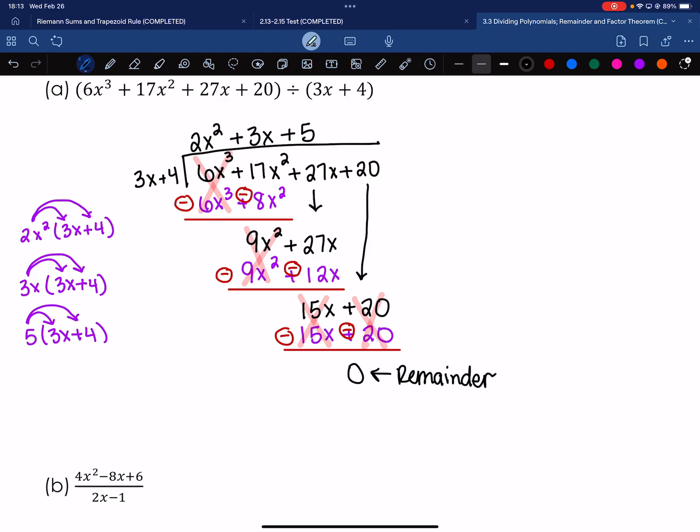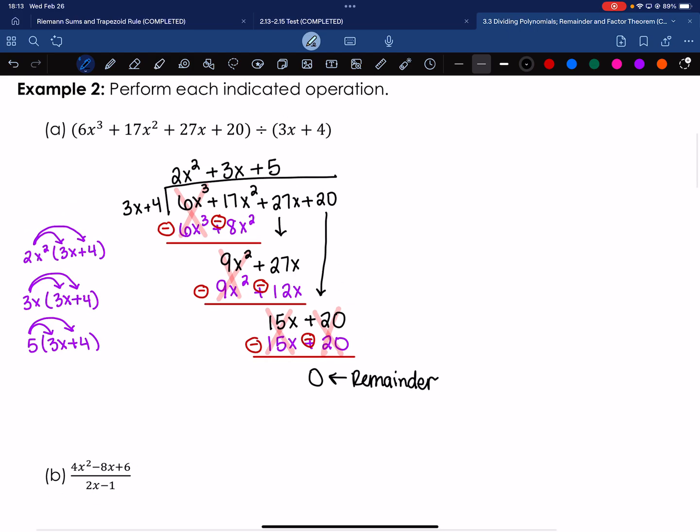We're going to learn what a remainder of 0 means in a little bit. And so your answer comes from what's on top. So our answer that we would type in would be 2x to the second plus 3x plus 5. And so that would be the quotient when you divide. That is your final answer.